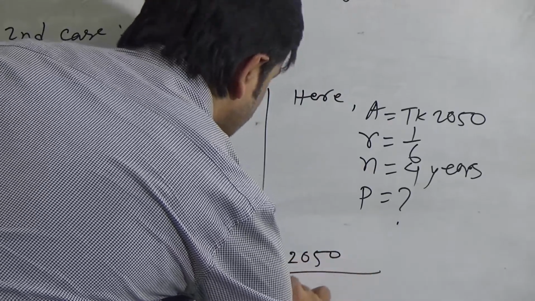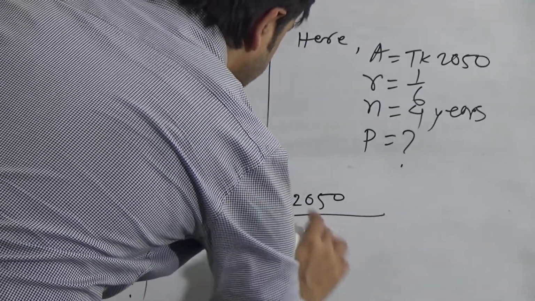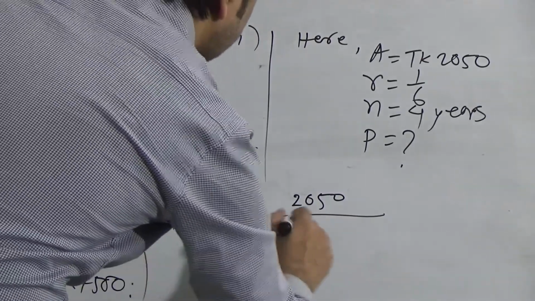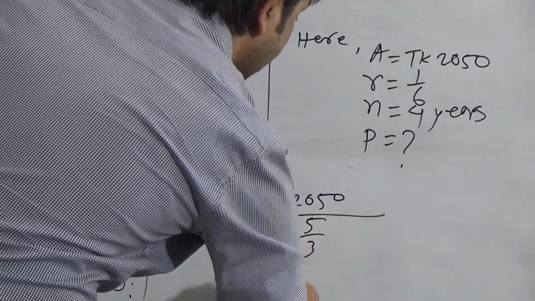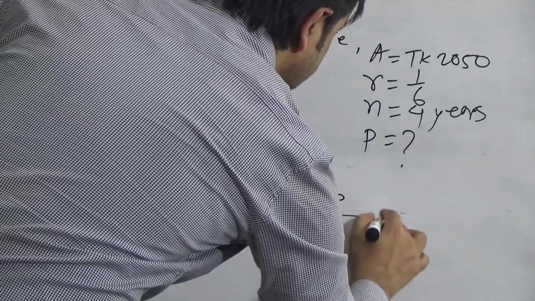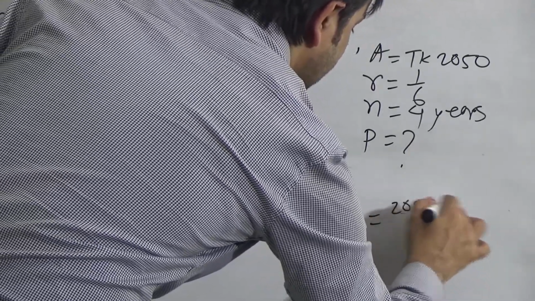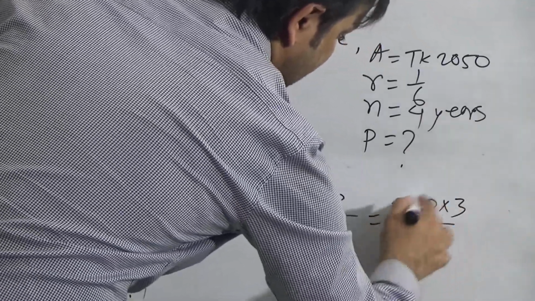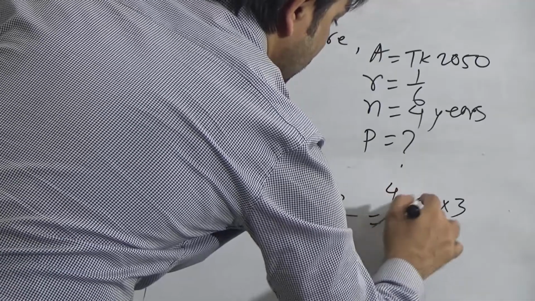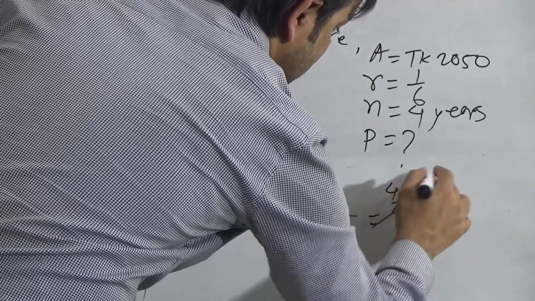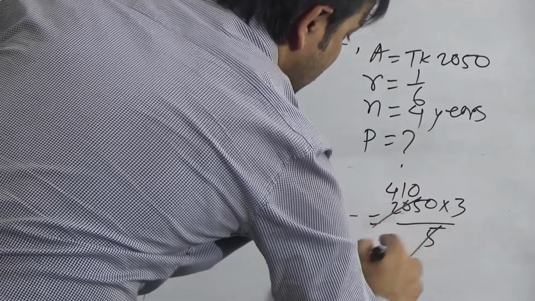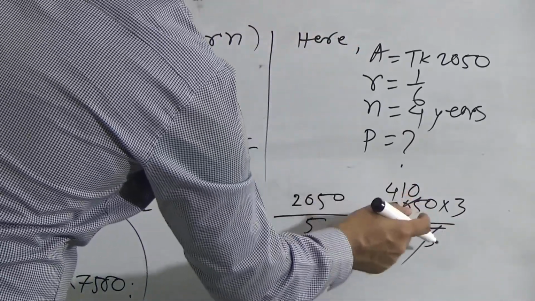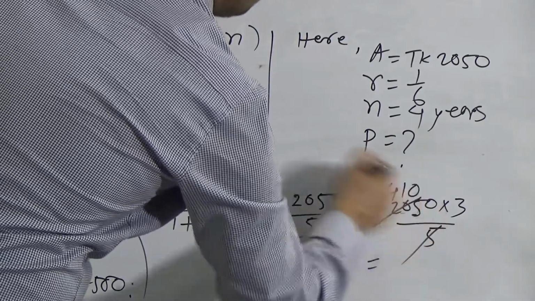Now 1 plus 2 by 3 means 3 plus 2, means 5 by 3. So we can write 2050 multiply by 3 divide by 5. Now we can calculate here. Cut by 5, it will be 4, then 1, then 0.